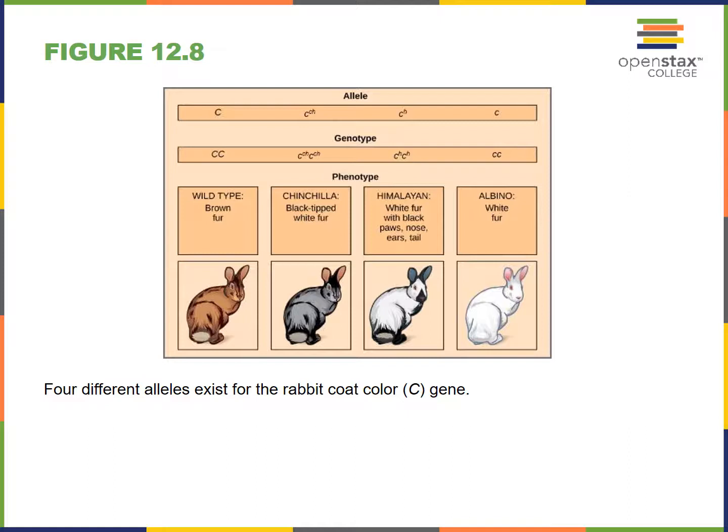So instead, for codominance and multiple alleles, I want you to look at ABO blood types. Codominance means that two different alleles are expressed at the same time on the same organism in the heterozygote.